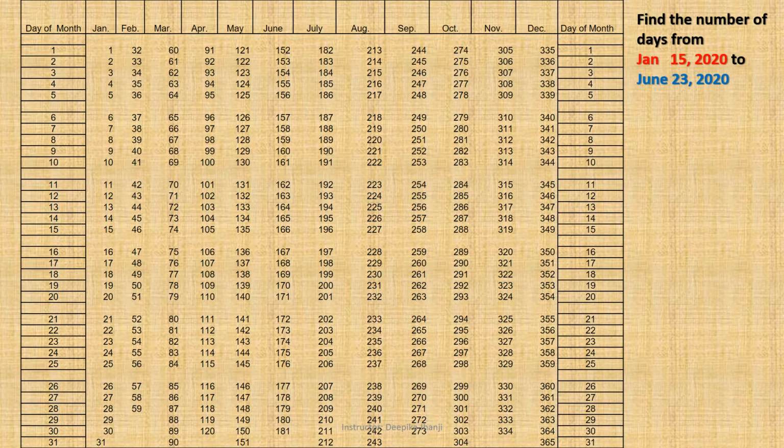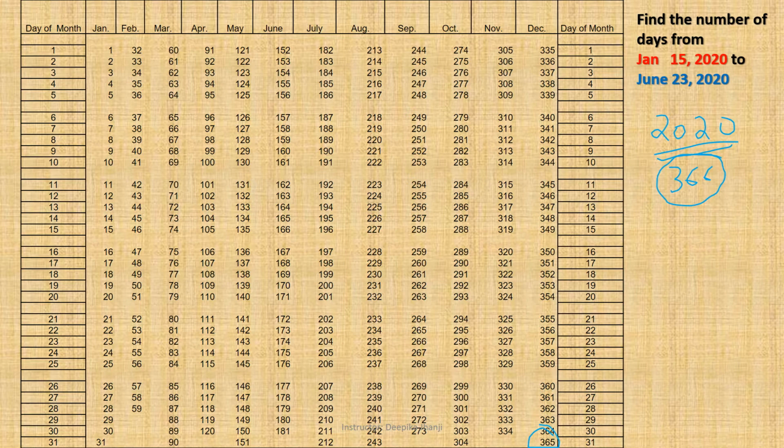Let's consider the same dates in a different year. Here the year is 2020, which is exactly divisible by 4. So that means 2020 is a leap year. So it should have 366 days instead of 365 days, so it has one additional day.